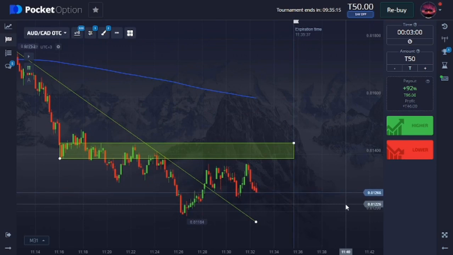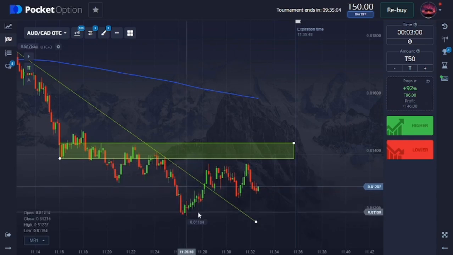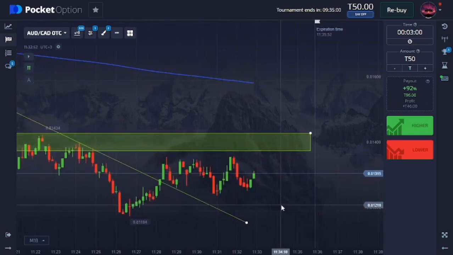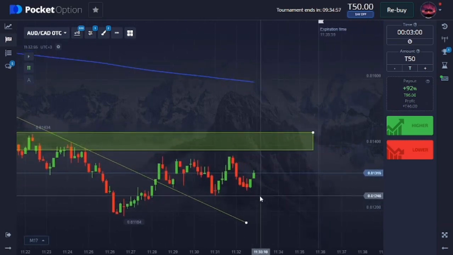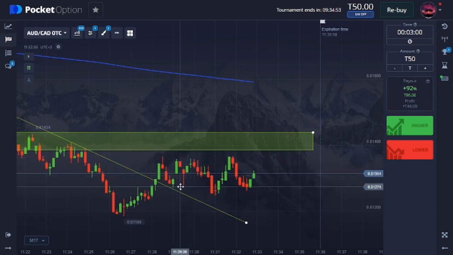So we are still in a temporary, I mean partial, bullish move, right?